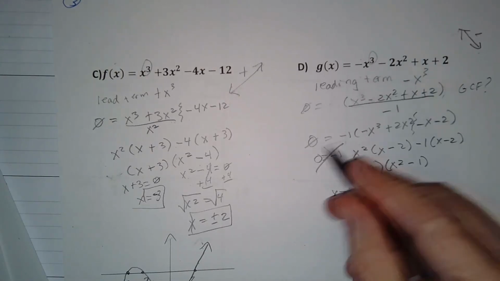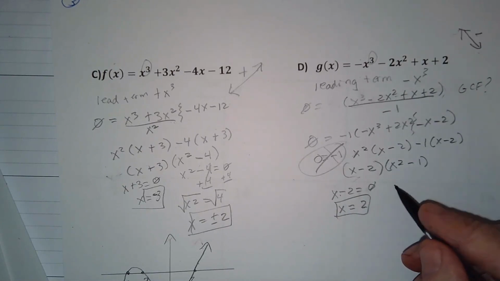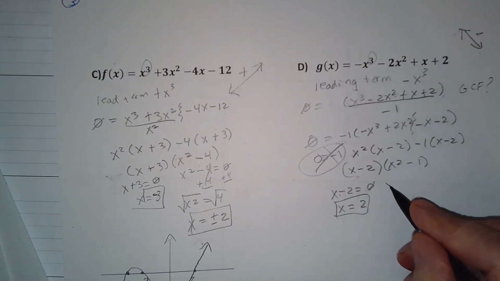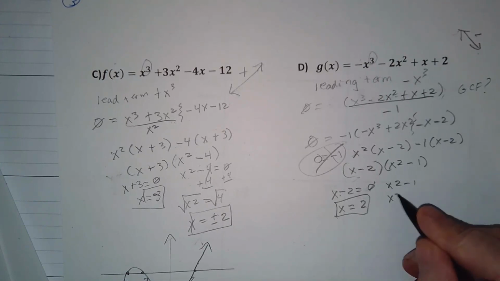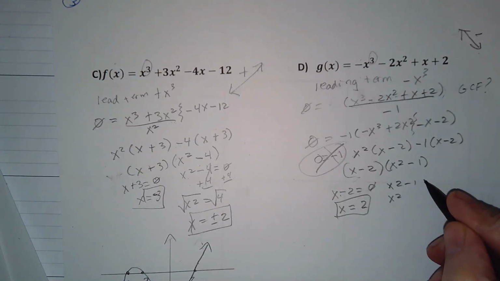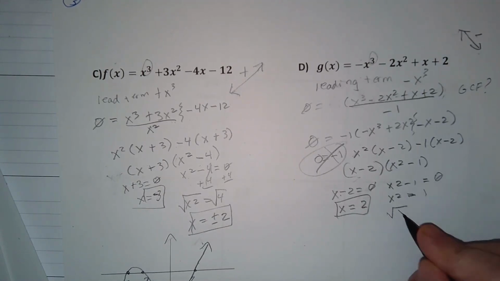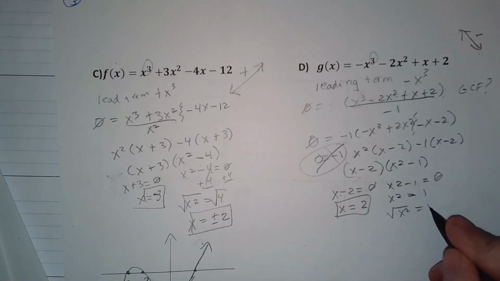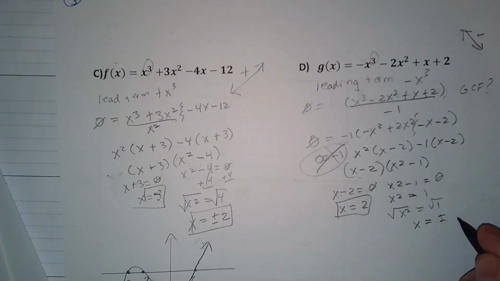We already said this one is gone. Let's use the square root method here: x squared minus 1 equals 0, so x squared equals positive 1, the square root of x squared equals the square root of 1, so x equals plus or minus 1.